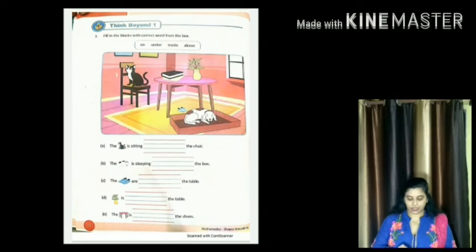Now, children, solve this. The cat is sitting dash the chair. Now, look at the picture. Where is the cat sitting? On the chair, under the chair, inside the chair. Yes, on the chair. Next, the dog is sleeping dash the box. Now, you will tell me where is the dog sleeping.